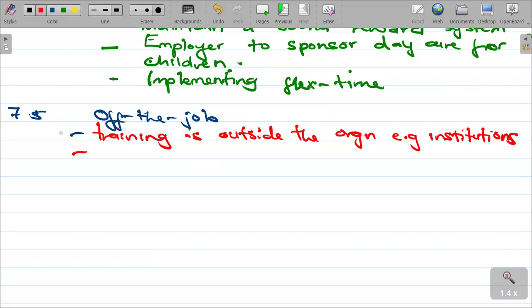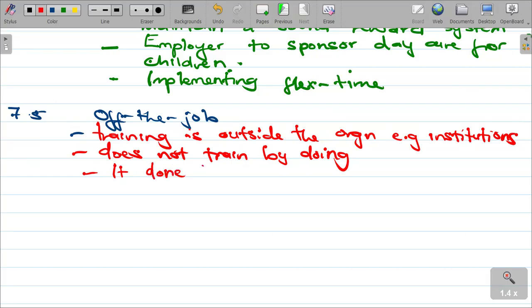And then you can also find that off-job training does not train by doing. And also, it is done for a short period of time.